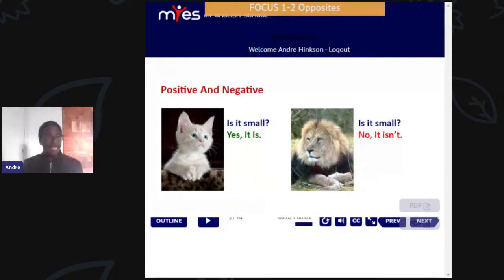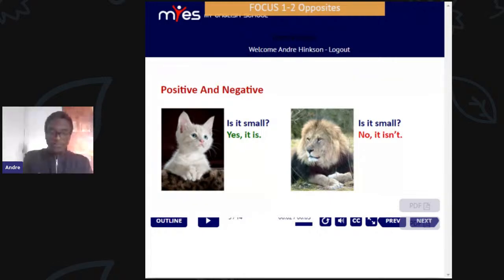We have no, it isn't small. So the negative of the verb to be is, isn't. The full version is not. So the contraction is, isn't.